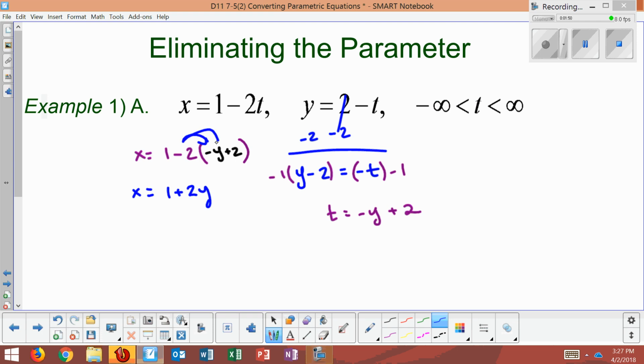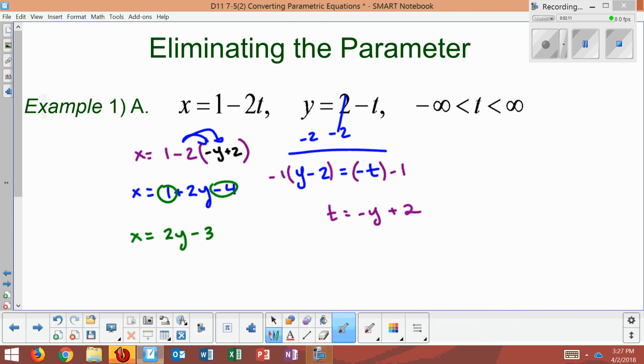And then I'll have negative 2 times positive 2, which is negative 4. So there's my equation. When I simplify this all down, I would have that x equals the 1 and the negative 4 combined together, so I'd have 2y, and then 1 minus 4 is negative 3.